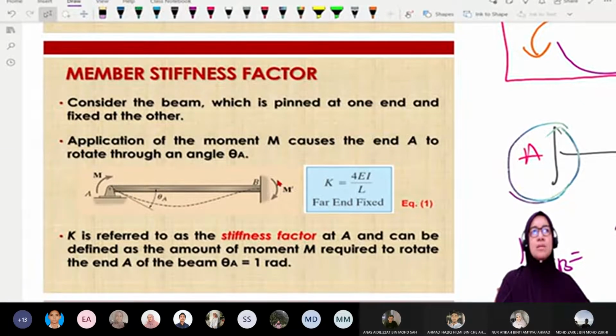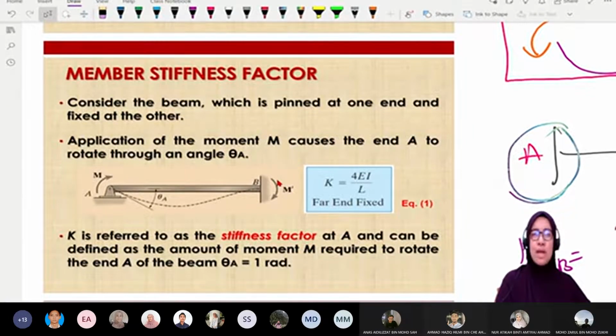For example, in this topic, moment distribution method, there are two types of structure that we are going to analyze: beam as well as frame.